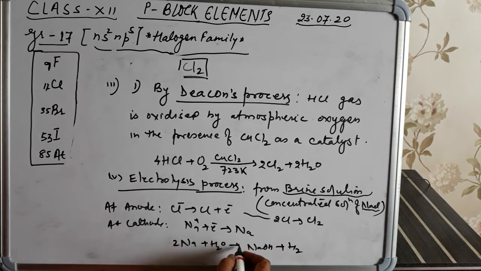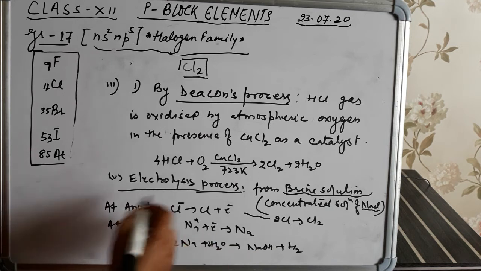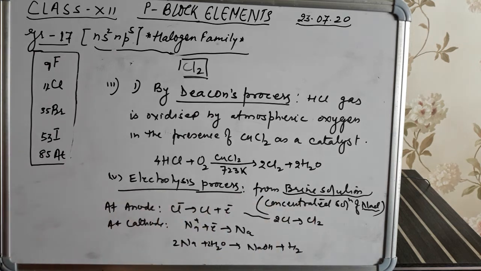Students, as you remember, this is the chloralkali method. You have studied in previous classes how we obtain chlorine by the electrolysis of brine solution. In 11th also you can study about this in the s-block elements.